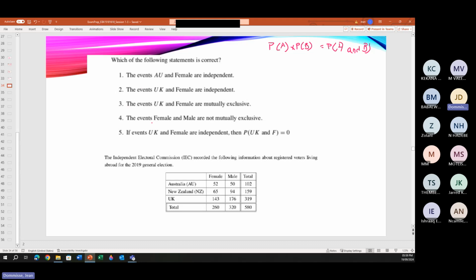So events UK and female are mutually exclusive. UK female. Okay, so if that was 0, it would have been mutually exclusive. But there are people there, so that one is incorrect. The events male and female are not mutually exclusive. Okay, so in this instance, you could only be male or female and not both.